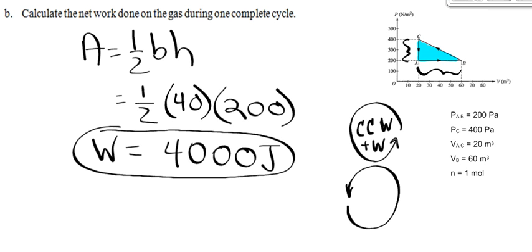If your cycle goes in the opposite direction, which would be clockwise, that would be negative work. Sorry, it's been a long day. So in this case, it is just 4,000 joules. You don't have to put the positive sign on there.